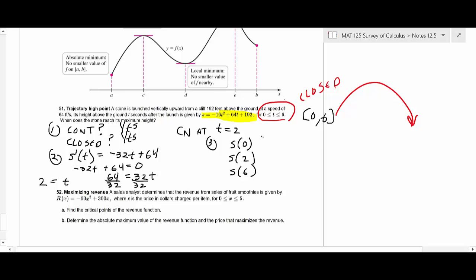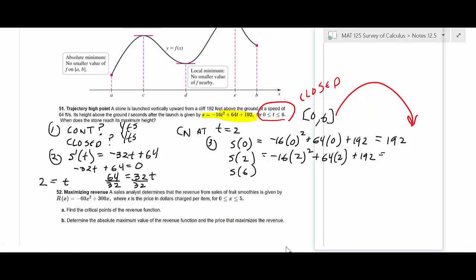So what we're going to do with this one is just evaluate. Let's start with 0. We have negative 16 times 0 to the second plus 64 times 0 plus 192. You could certainly use your calculator on this if you wanted to. That'll give 192. If I go to the next one, that is negative 16 times 2 to the second plus 64 times 2 plus 192.